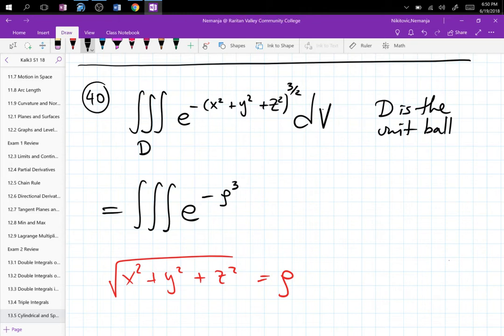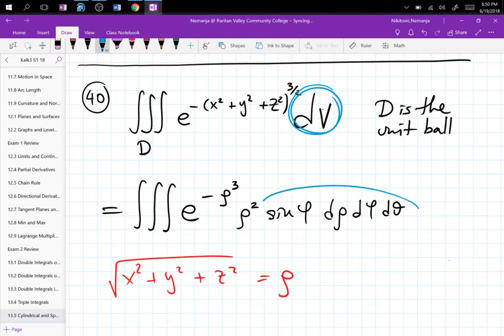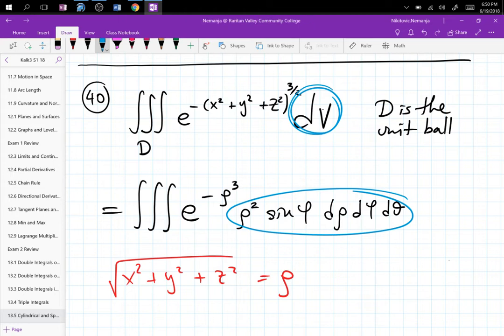Now, we know that dV is rho squared sine phi d rho d phi d theta. That is what you're memorizing.